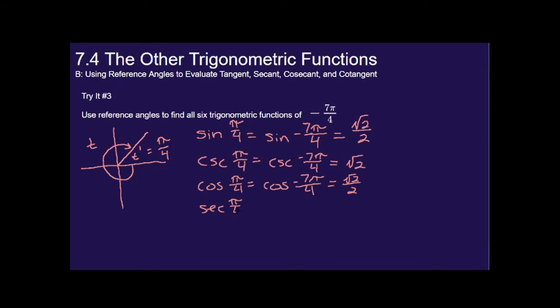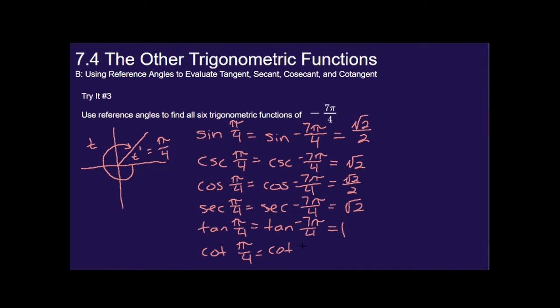Secant of pi over 4 is equal to secant of negative 7 pi over 4, which is equal to square root of 2. Tangent of pi over 4 is equal to tangent of negative 7 pi over 4, which is equal to 1. And cotangent of pi over 4 is equal to cotangent of negative 7 pi over 4, which equals 1 as well. Okay, so check your answers and see if you got that right.